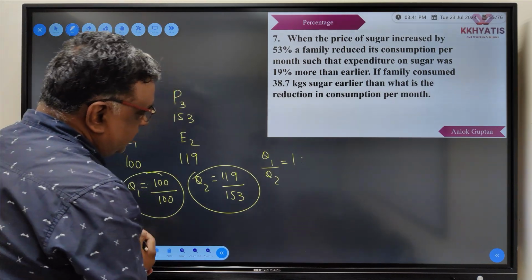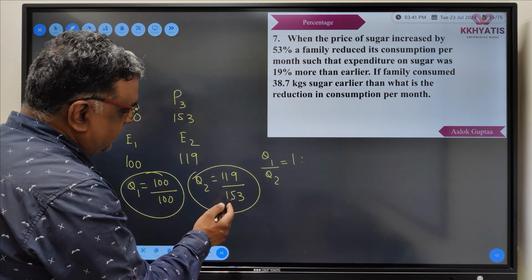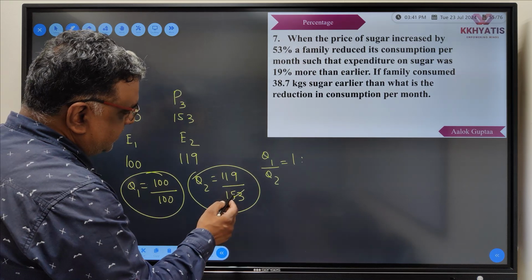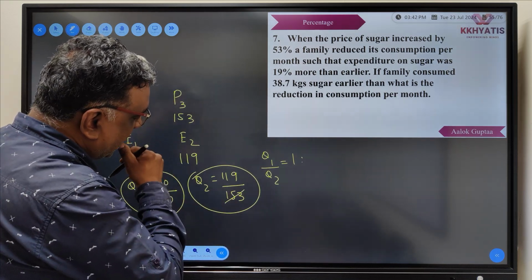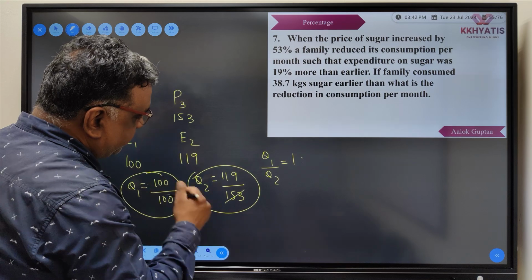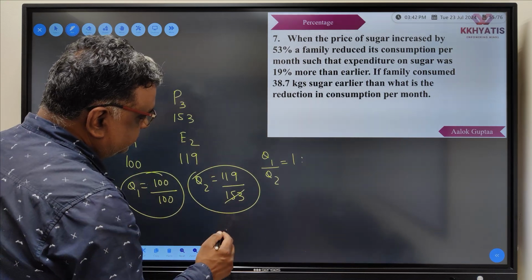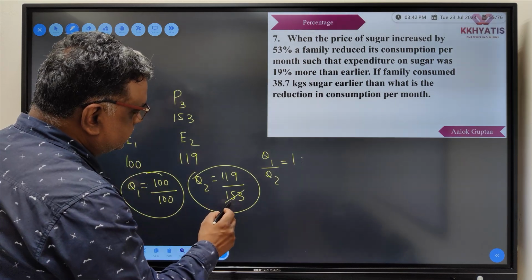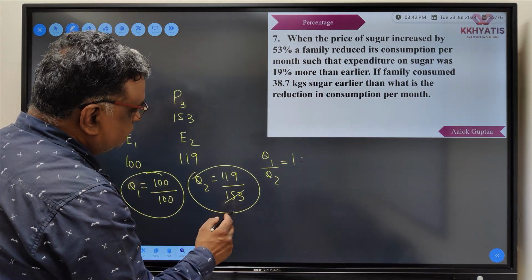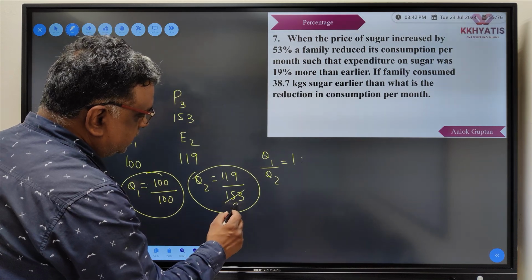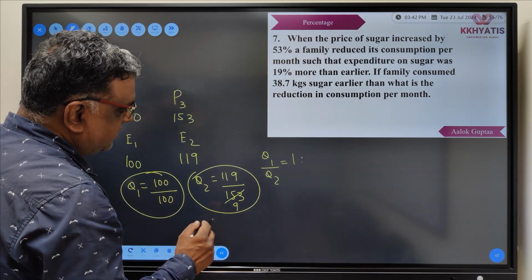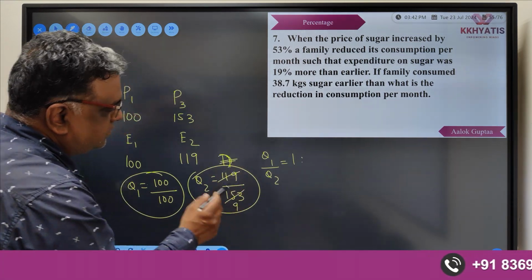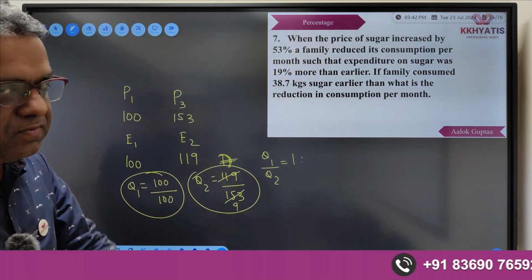Now if I divide this by 17, 17 nines are 153 and 17 sevens are 119.